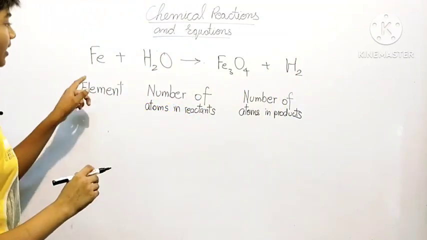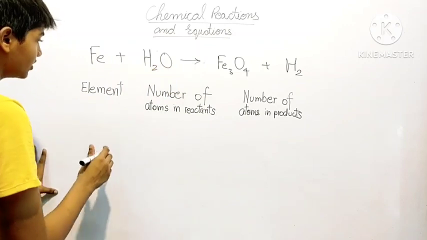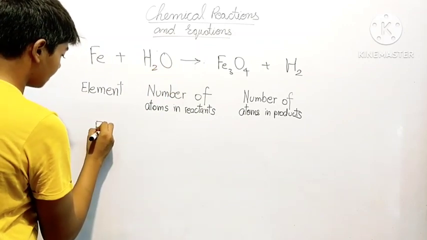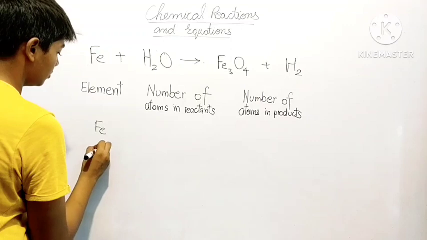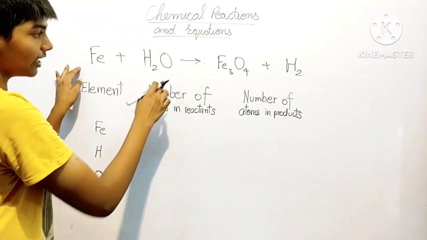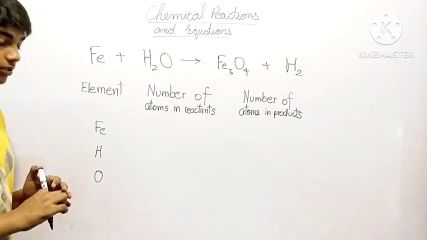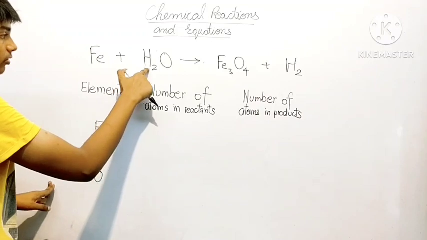The elements present in the entire equation are iron, hydrogen and oxygen. So we could just look at the reactant side to see all the elements in the chemical equation. So we have iron, hydrogen and oxygen.